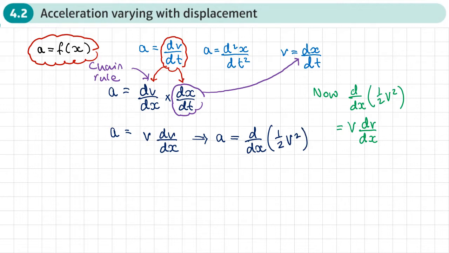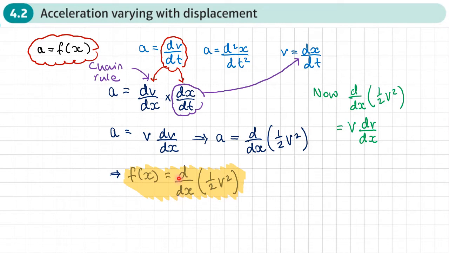And we said right at the start that a is a function of x, so now we can write f of x, a function of x, is equal to d dx of half v squared. Now this expression here is the one that we're really interested in.